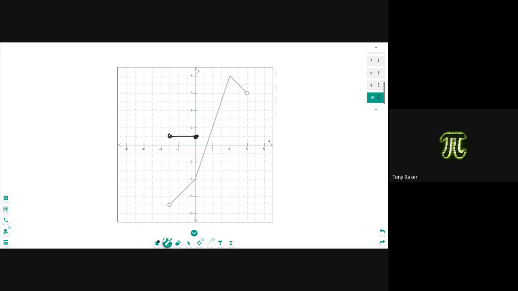Then from here to here, what's my slope? 3. 3? I didn't count it. Is that right? Yep. So on this part of the line from here to here, actually, I gotta fix that, but it's okay. My slope is 3.